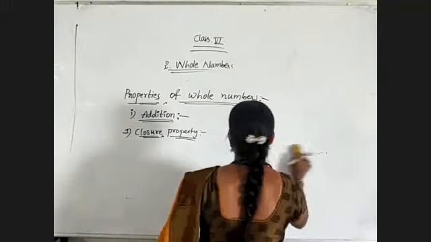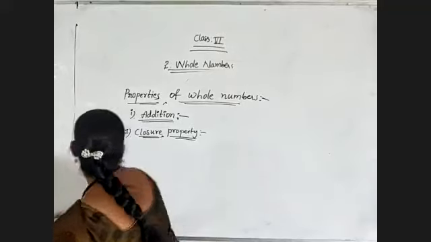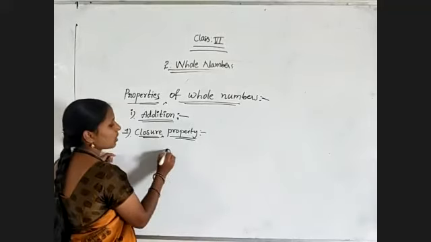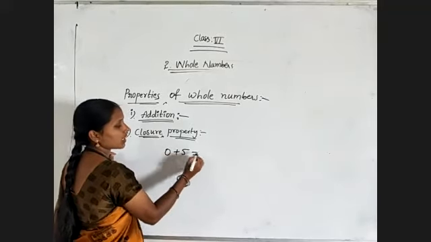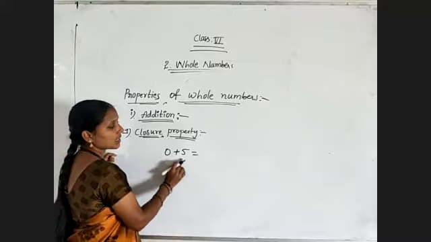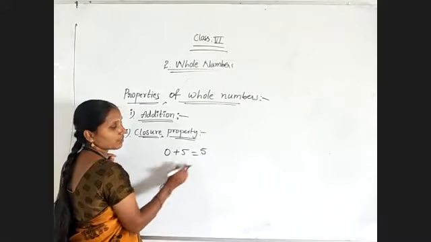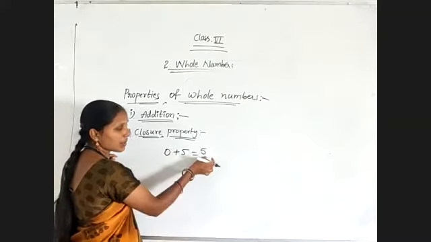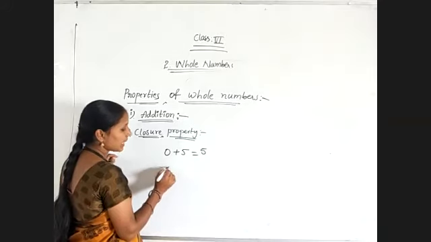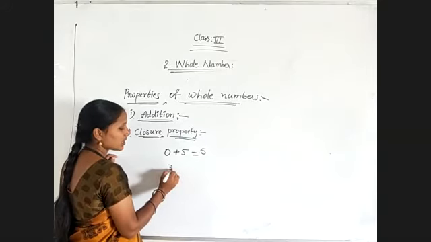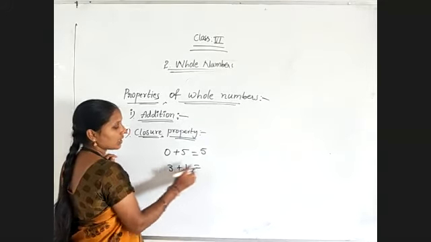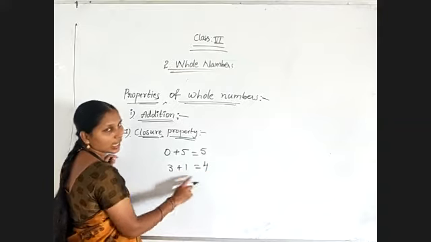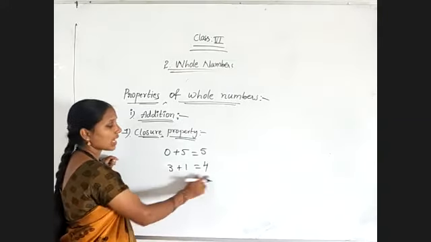If I am adding numbers like this, 0 is a whole number plus 5, 5 also is a whole number. So what is their sum? 0 plus 5 is equal to 5, 5 also is a whole number. So if you are adding two whole numbers, the sum is also a whole number. Take the greater number first, 3 plus 1 is equal to 4. Here also all are whole numbers.